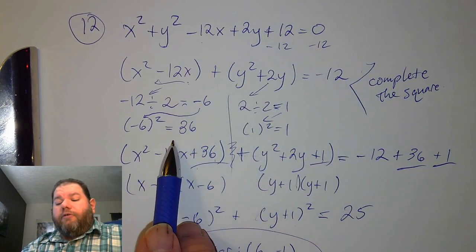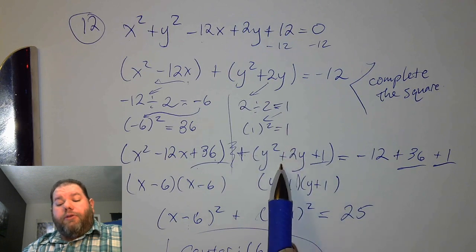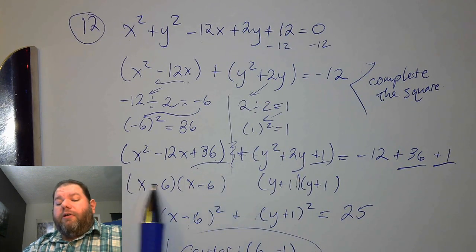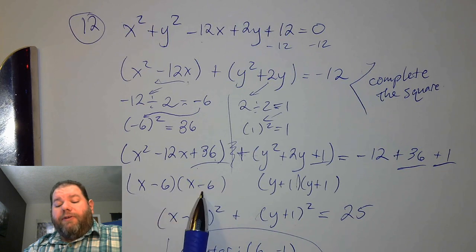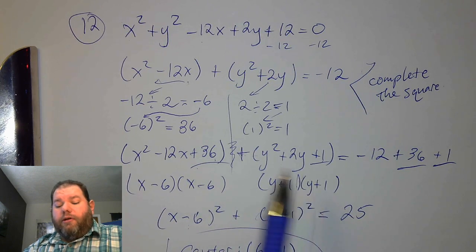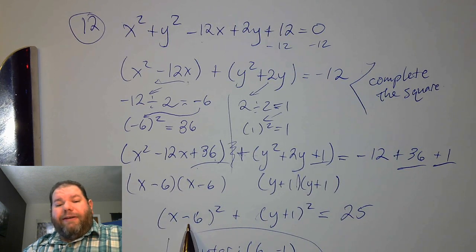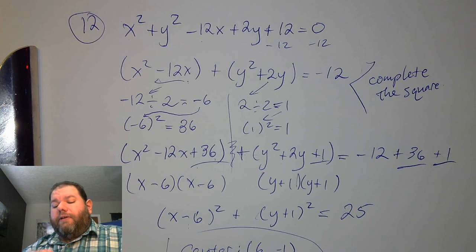Then we went through the completing the square process for both sets of parentheses. And we factored each of those, and both of these should be identical for both parts. So we should have a single binomial that we can write as a square in both cases. That then gives us the center and the radius.